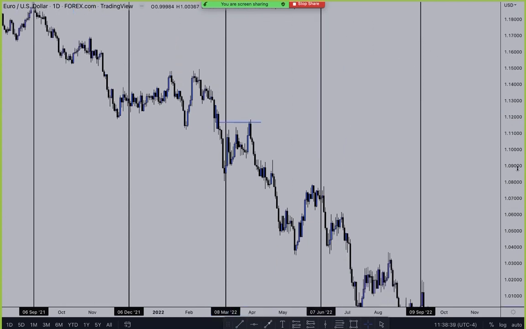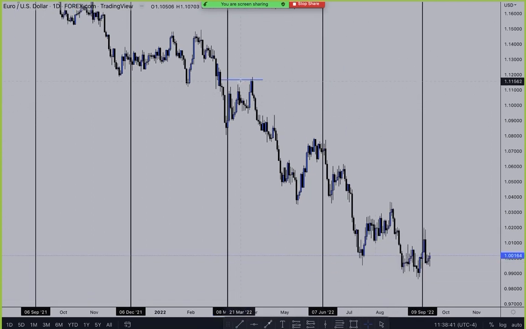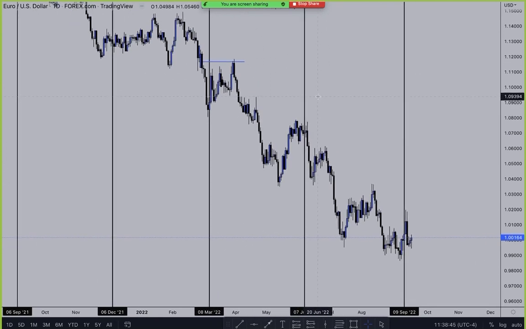So we retrace into an impulse block, and then as you can see, we have a nice trend. Then again, here we turn into June, and because we've already retraced up into an impulse block here, we then have a nice drop, a little bit of a retracement into an imbalance in here, and then we have a nice sudden drop again.